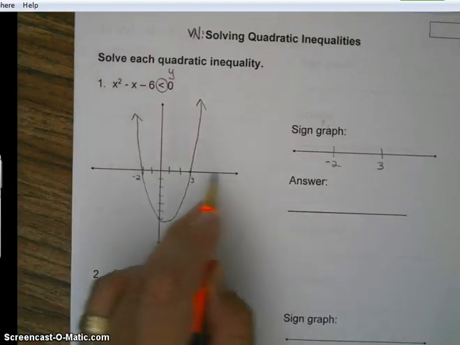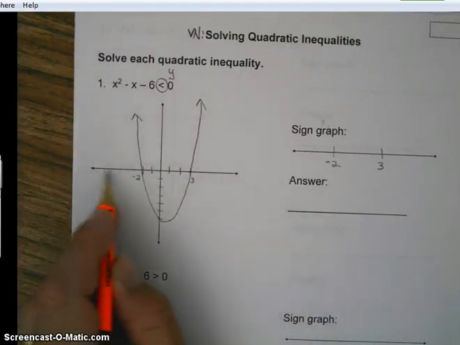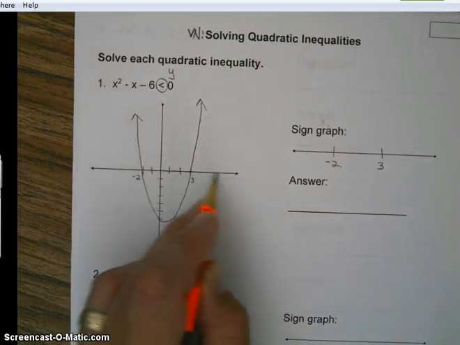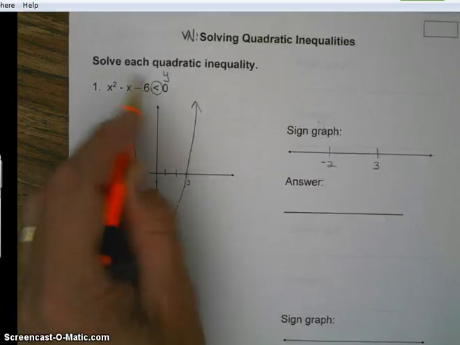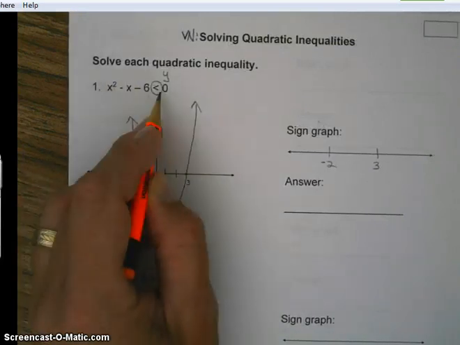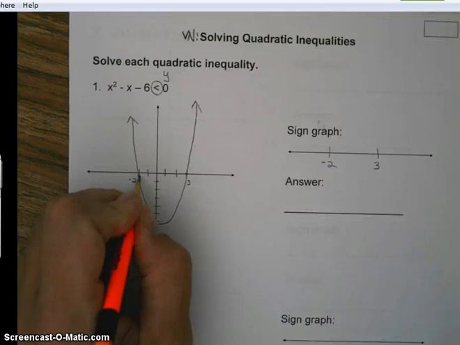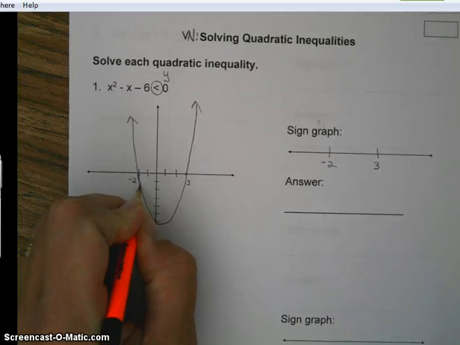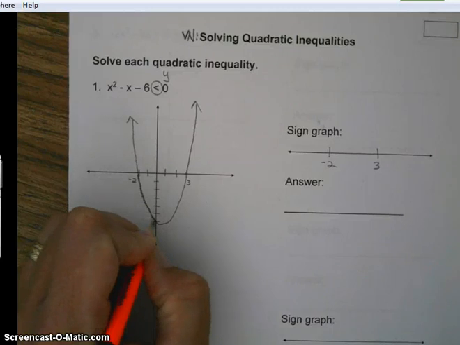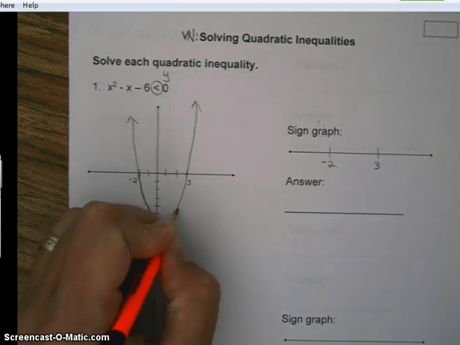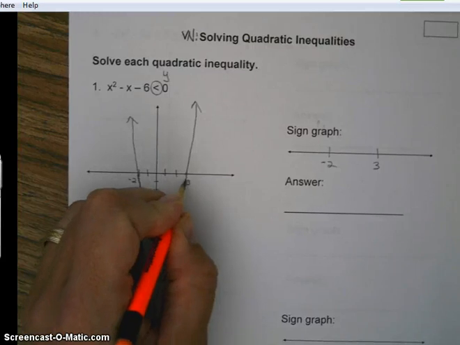So here is where y is equal to 0, along here. Since our function is less than 0, we will shade below. Everything that you see below y equals 0, we're going to shade.